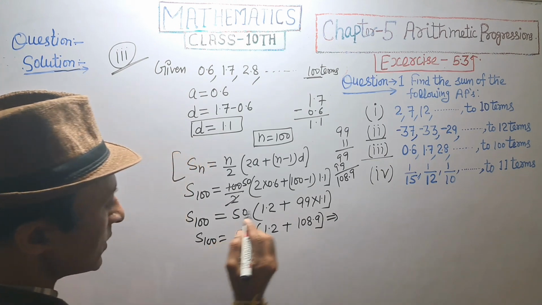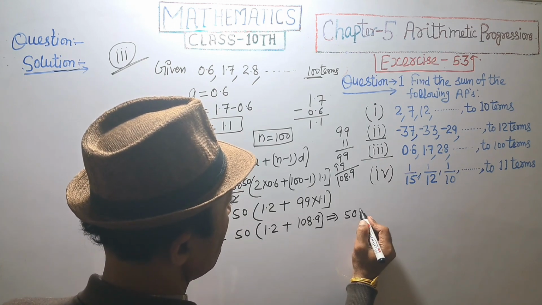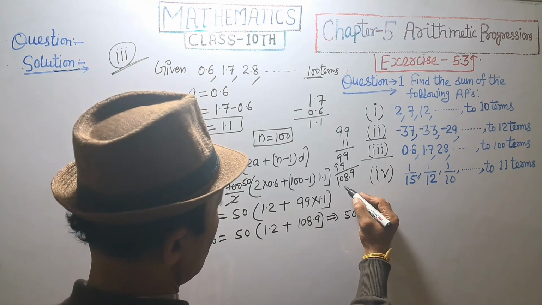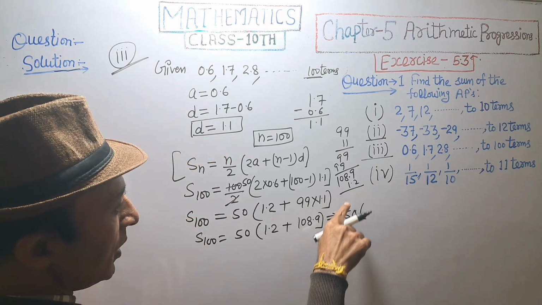This implies S100 is equal to 50 into 108.9 plus 1.2.